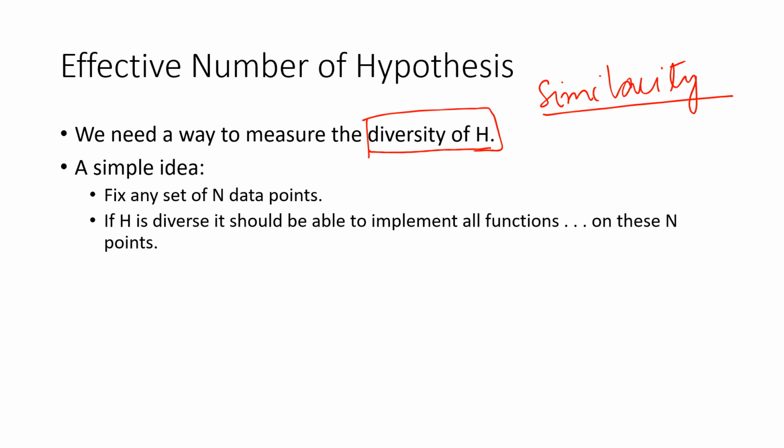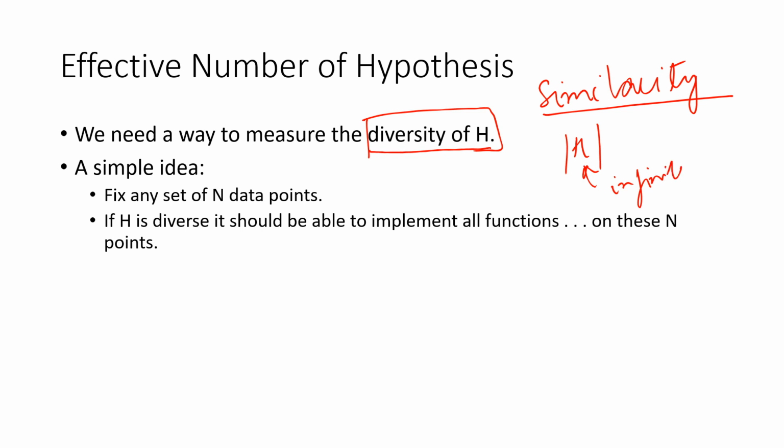Now, the mathematical theory of generalization depends on the fact that we should be able to account for that hypothesis overlap that we just saw. So we should be able to replace this H by something that is more effective, and less than this H, even when this H is infinite.